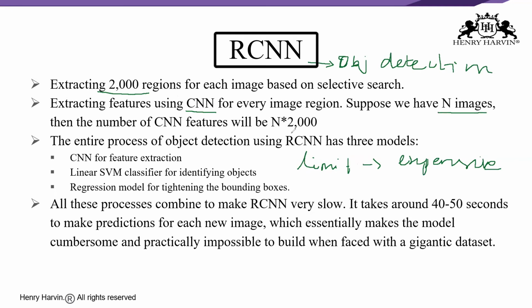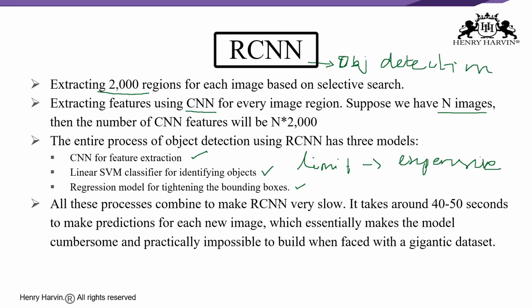Say I have N images, so the number of images is N and the number of regions is 2000, so 2000 into N. This process also has three models, as we discussed in the previous slide: a CNN for feature extraction, a linear SVM classifier, and a regression model for tightening the bounding boxes.